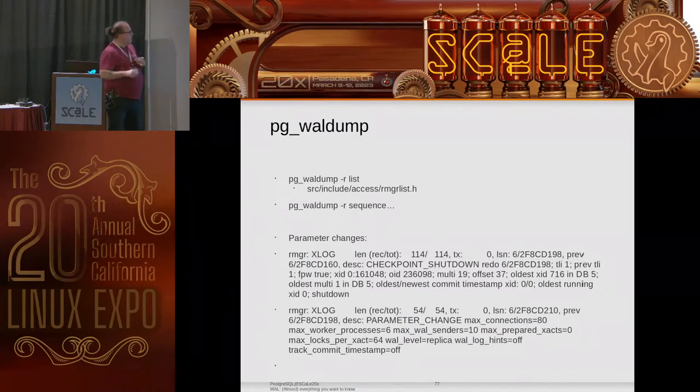About pg_waldump, let's say this is actually a Postgres restart. When you restart, it runs a checkpoint, as I told you, and it gives you the information about the parameter changes which require restart. The reason is those parameter changes could be important for the standby node as well.